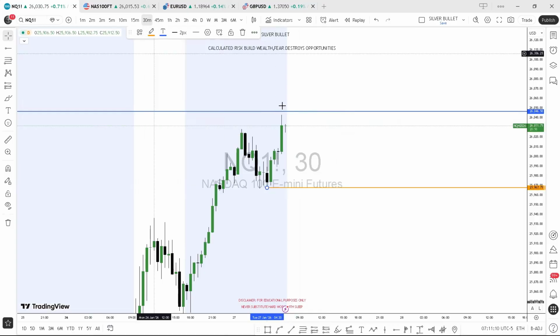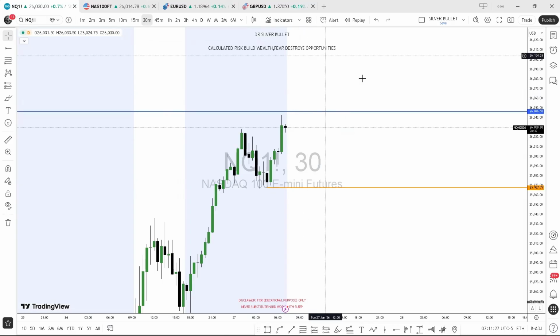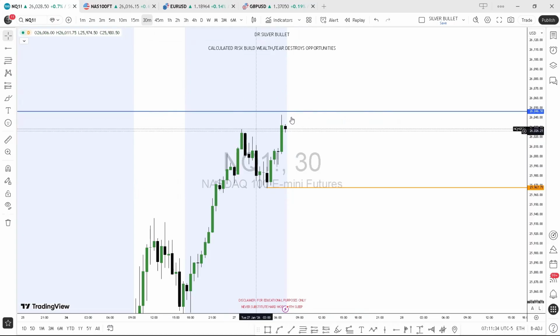Then you wait. If this buy side liquidity is taken first, what is the market likely to do after you take out the buy side liquidity? Is it going to close below or above? If it closes above, then the likelihood is it will continue to go to the upside. If it closes below, it's like a liquidity sweep.